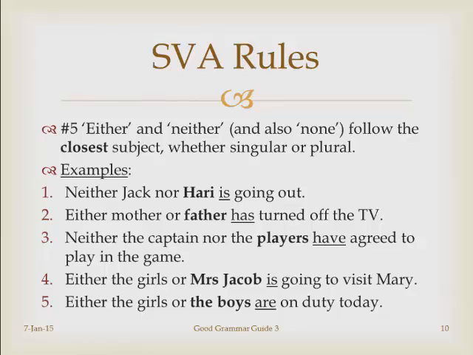And following that, okay, the nouns, the subjects like Hari, father, and Mrs. Jacob are singular nouns, singular subjects. Therefore, they take singular verbs with S. Whereas players and the boys are plural subjects, so they take plural verbs like have and are, no S.